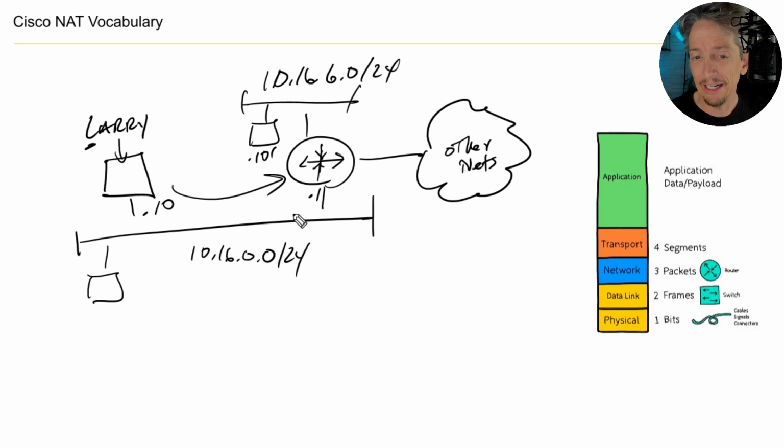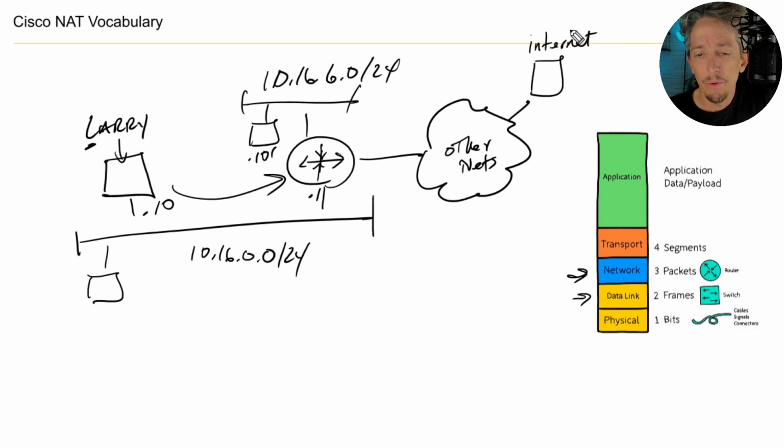And at layer 3, the destination would be that IP address 10.16.6.101. The router would get that frame, look at the destination IP address, and make a routing decision. The routing happens at layer 3, and the switching forwarding happens at layer 2, and it would then forward it on to its destination. So that's all well and good until Larry, going through the network, is trying to get out to a server that's on the internet.